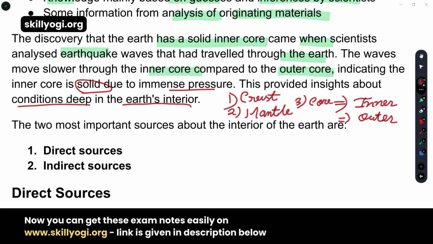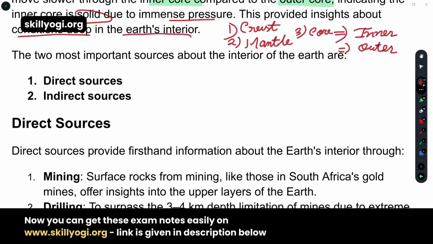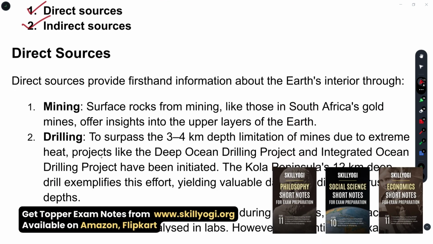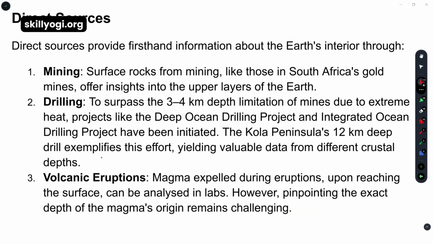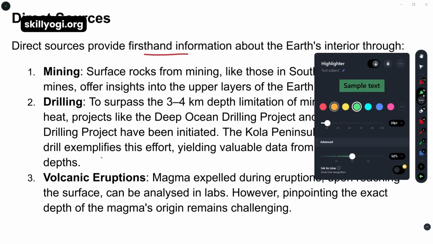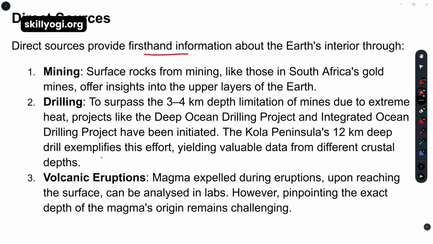Two most important sources I just mentioned: the first one is direct sources and the second one is indirect sources. What are the direct sources? The direct sources provide us first-hand information. First-hand information, what does it mean? Directly the information we are getting from the direct sources. That is called first-hand information about the Earth's interior.